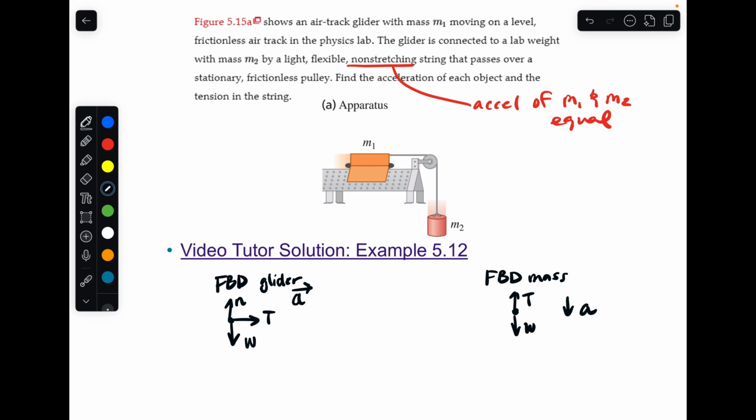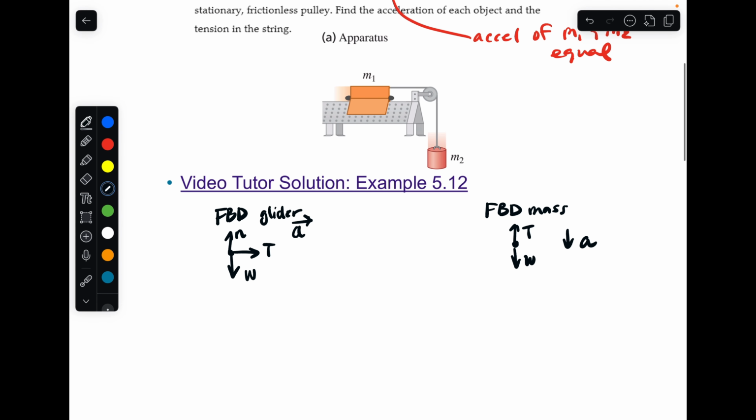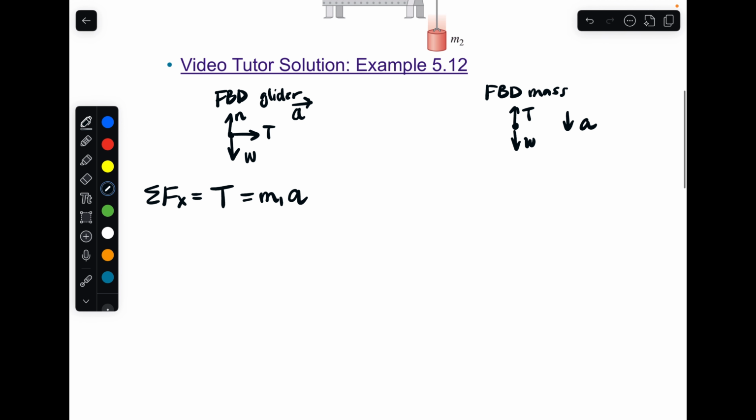So now let's construct Newton's second law for each object in the relevant direction, the direction of its acceleration. We're going to do Newton's second law in the x direction for the glider. So we're just simply going to have the tension, that's the only force in the x, and that's going to equal the mass of the glider, which is M1, times its acceleration. Now let's apply Newton's second law to the mass in the y direction.